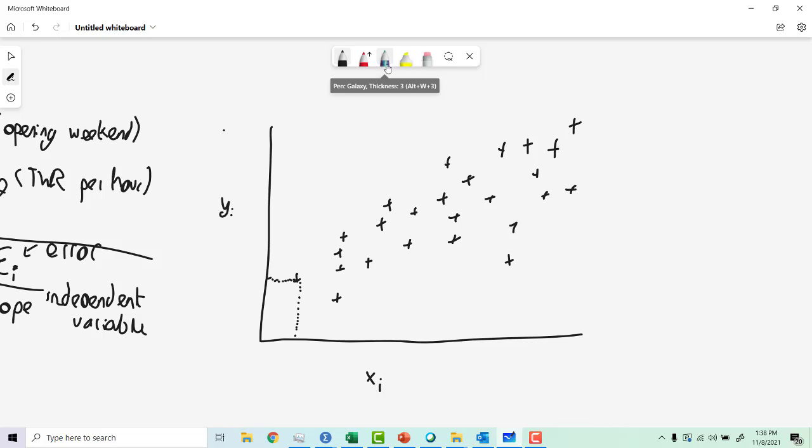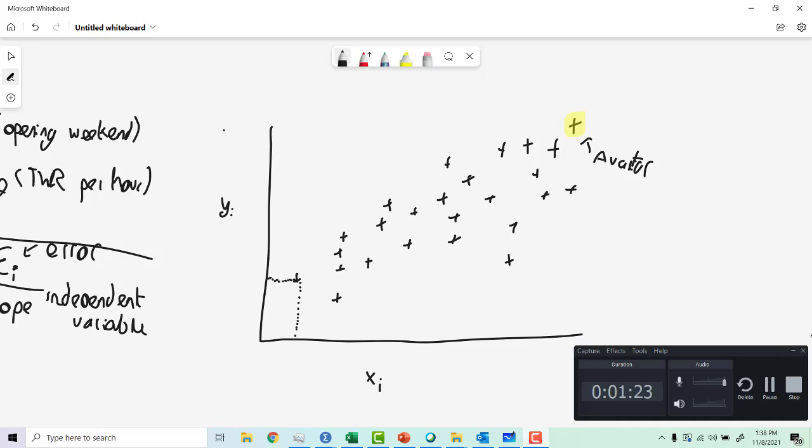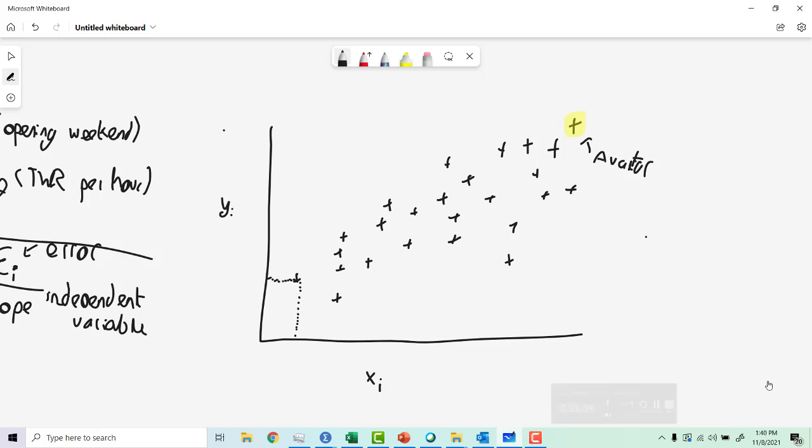So let's highlight one of these. We'll highlight this one and say, for example, this could be the new version, the new Avatar coming out. So what we're trying to do here is show this relationship between the movie social media buzz and the actual movie revenue.